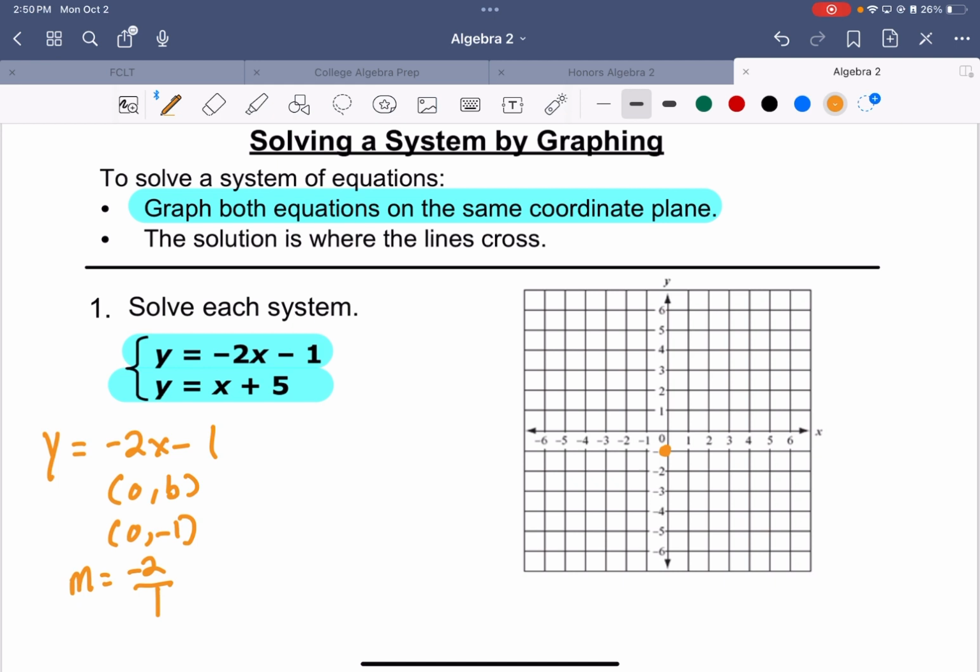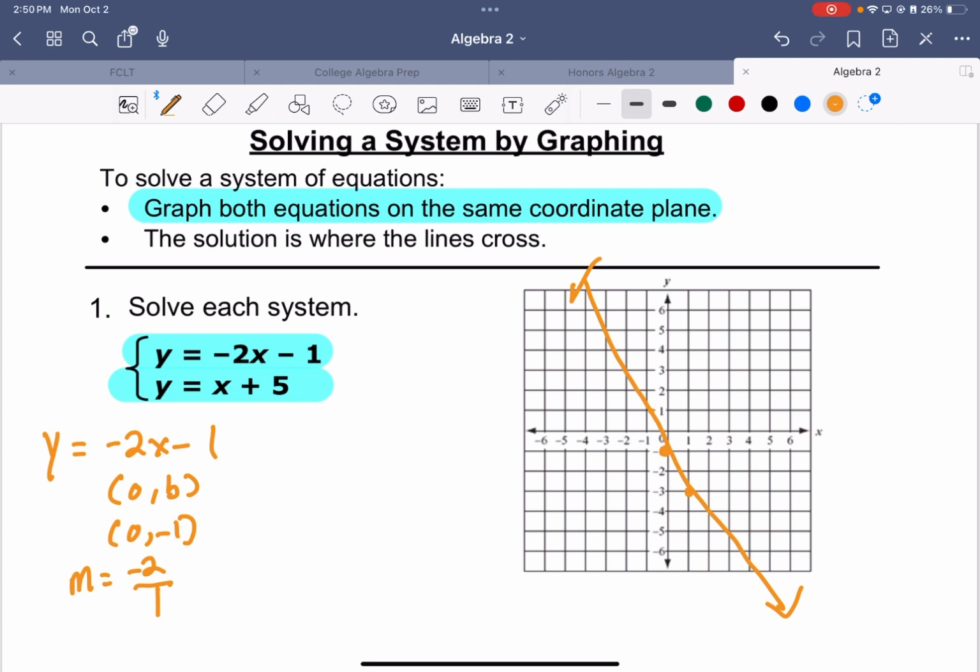That means my next point is going to be down 2 and over 1. Now, if you've got graph paper and straight edges, you can draw this nice straight line. So that's the graph of the first one. Doesn't look very straight to me because it's probably not.